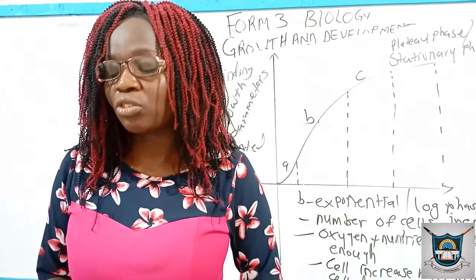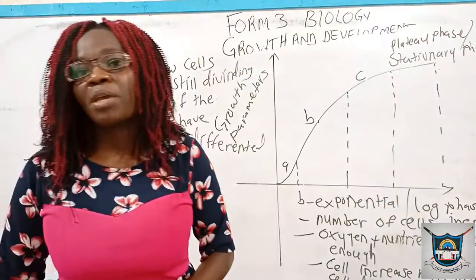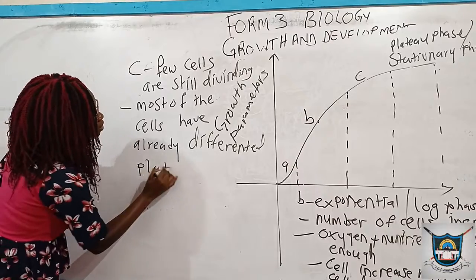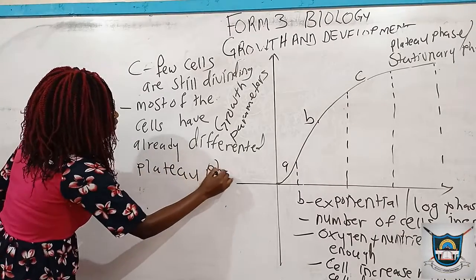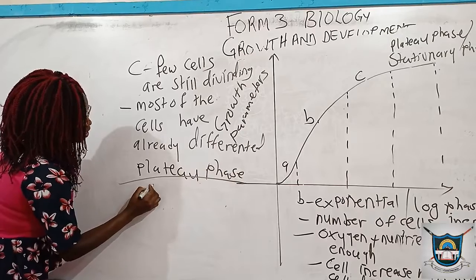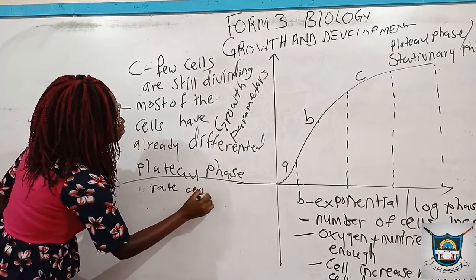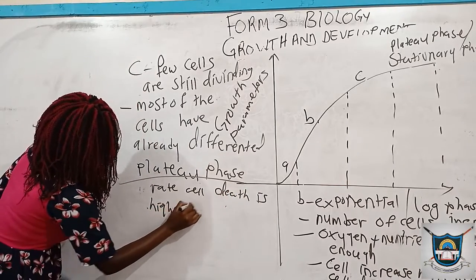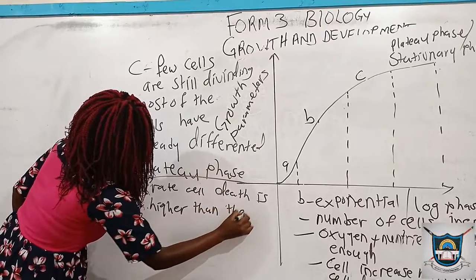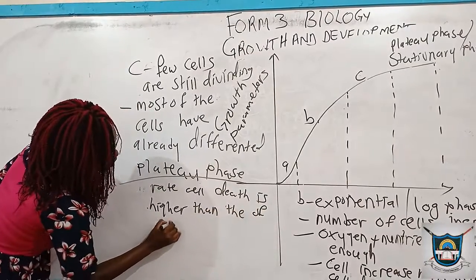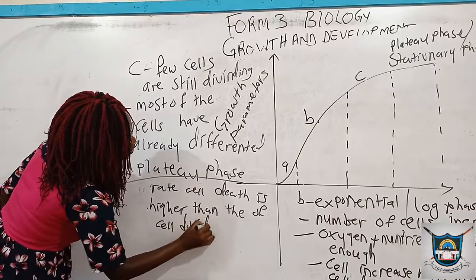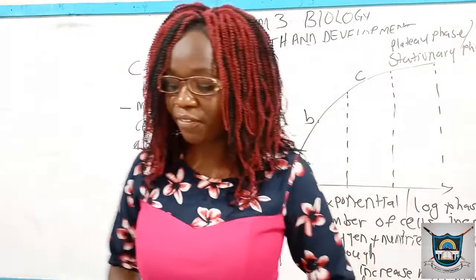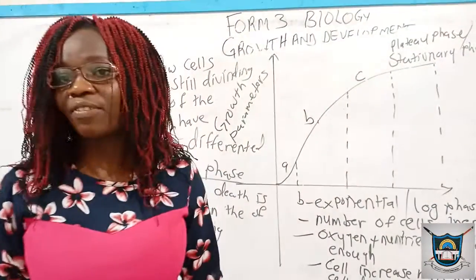The factors that may lead to stationary growth include maybe the rate of cell death is higher than the rate of cell dividing, and that may cause the stationary phase.